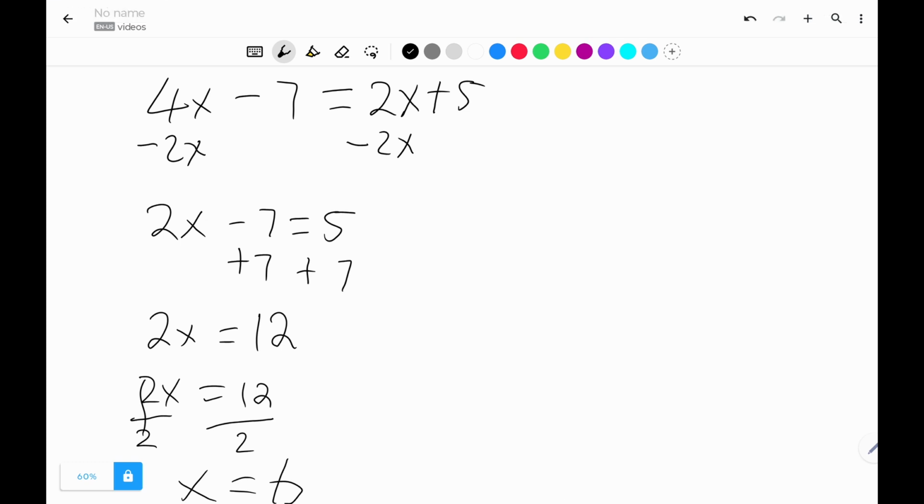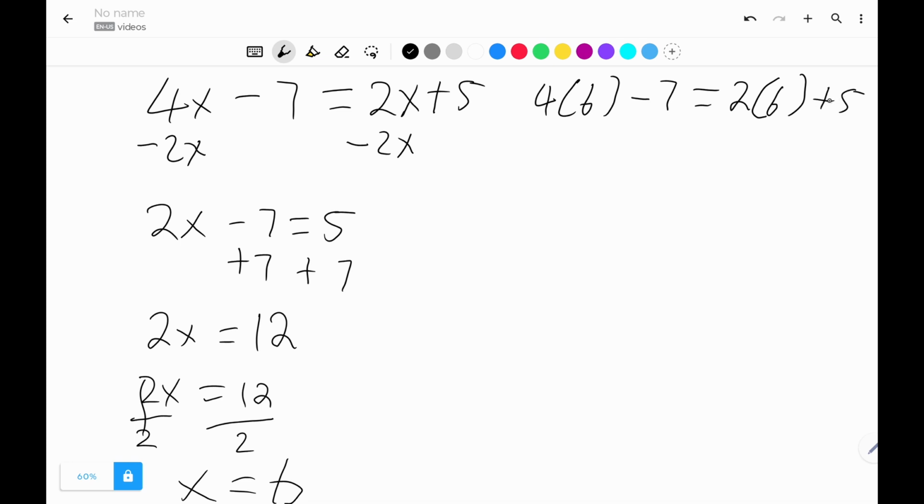If you just want to know again, just to make sure you're correct, it's fine to check your answer. It doesn't matter if you already know it. If you want to be very sure, always check your work, okay? So now, parentheses 6 minus 7 equals 2 in parentheses 6 plus 5, okay?